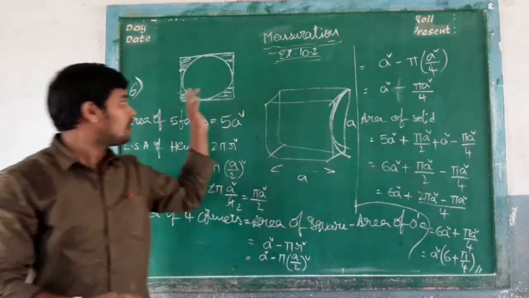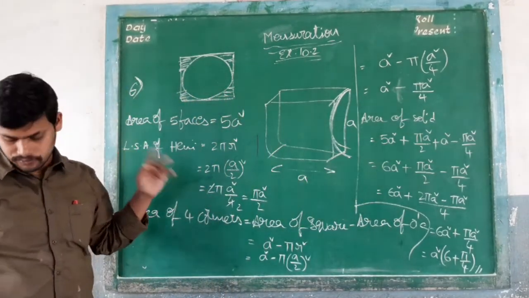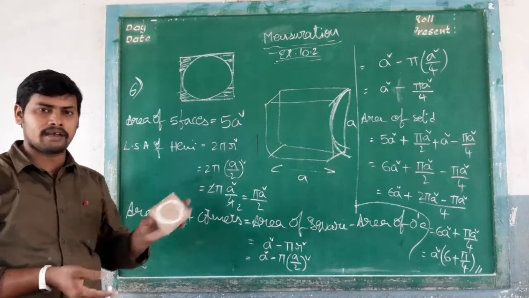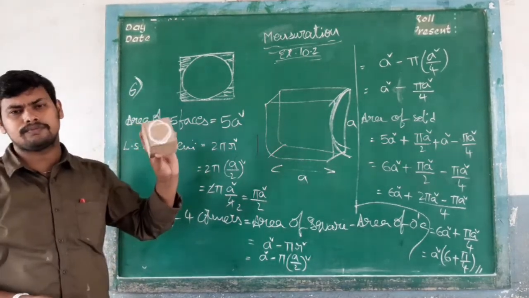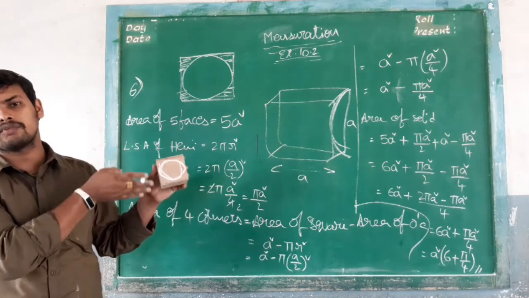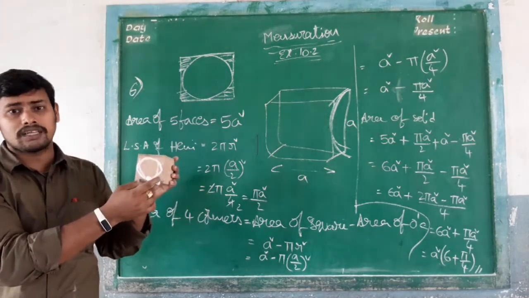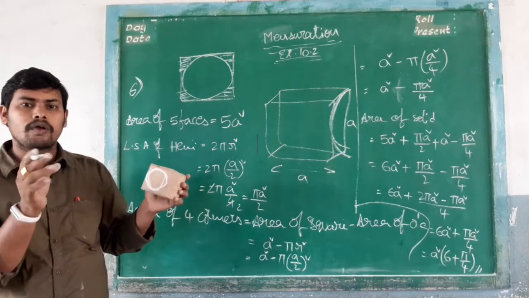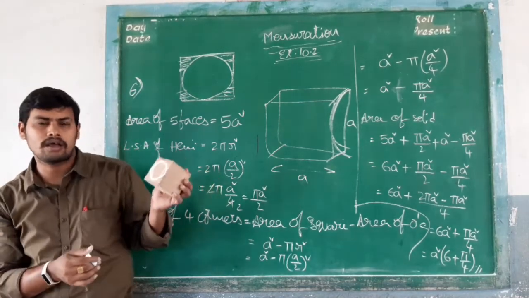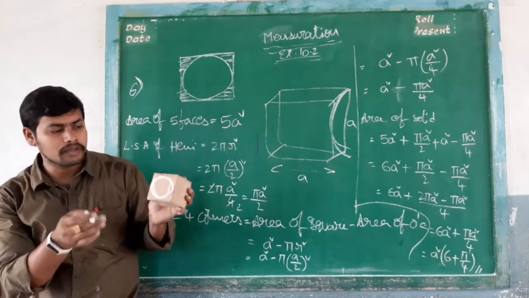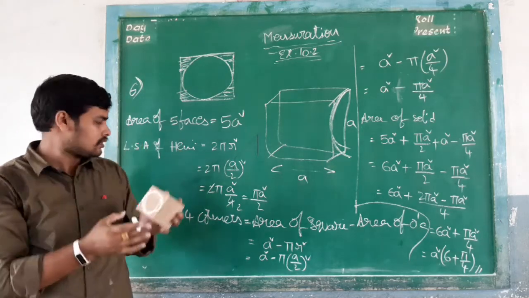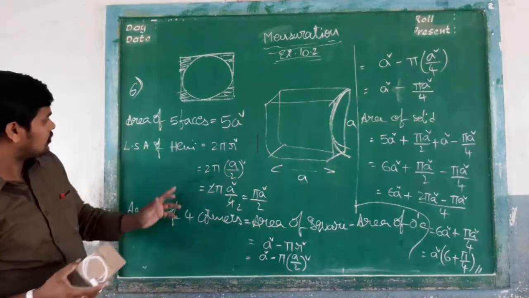This is the problem. You have observed carefully whenever you cut from one side of the cube, it is in the shape of the hemisphere. So there are 4 corners left. You already know that. But maybe you have a doubt.